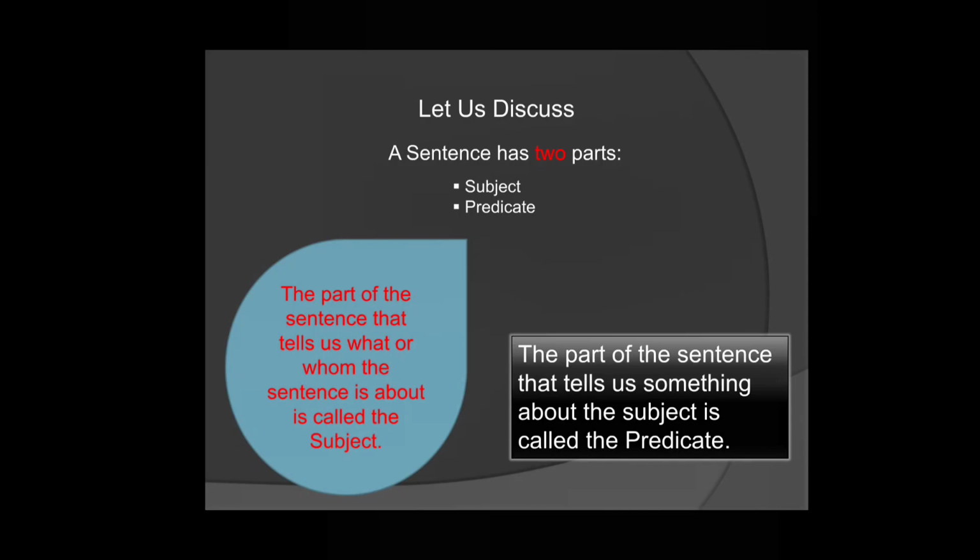We can simply say it is the noun. And the predicate is that part of the sentence that tells us something more about the subject. The predicate is that part that says more about the subject, like what the subject is doing or what it is up to. Now let us move on and learn how to identify subject and predicate in a sentence.